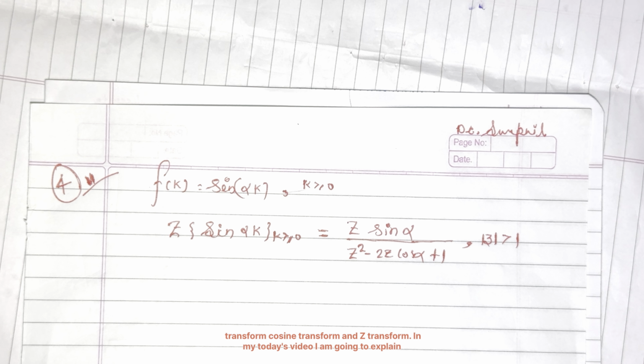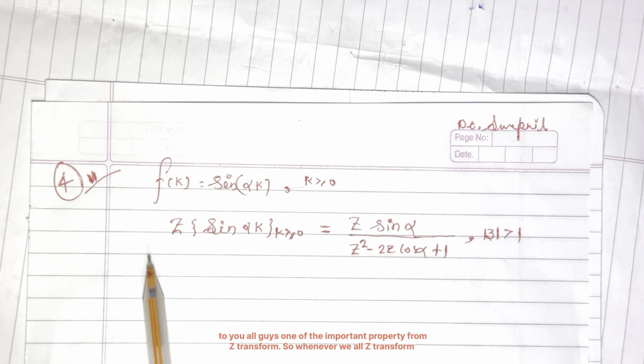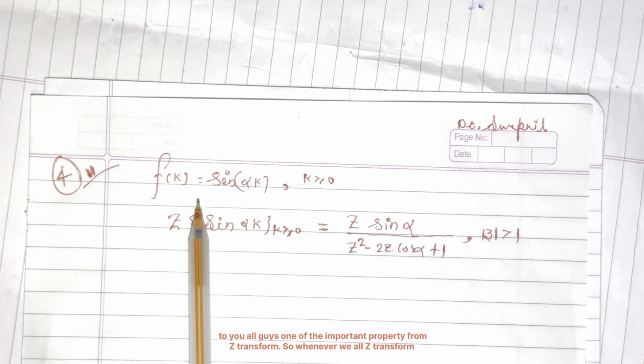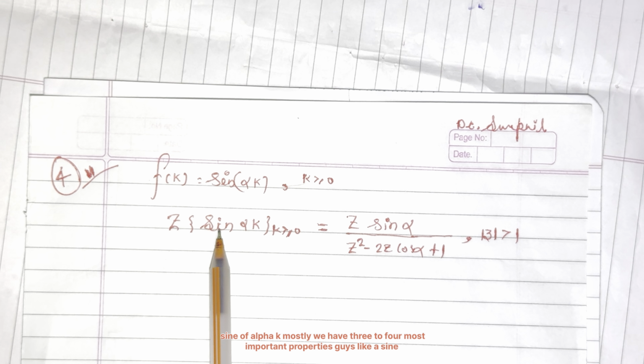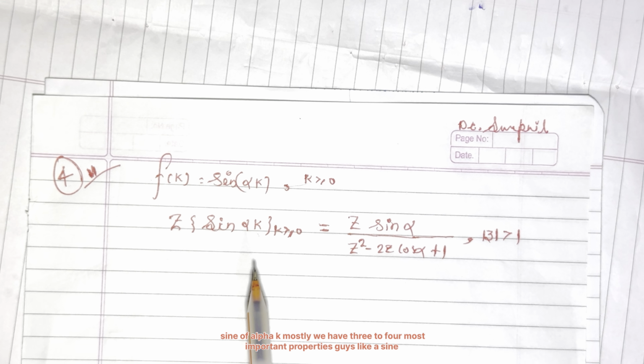In my today's video, I'm going to explain one of the important properties of the Z transform. Mostly we have three to four most important properties, like sin alpha k, cos alpha k, and the hyperbolic functions, sinh alpha k and cosh alpha k.